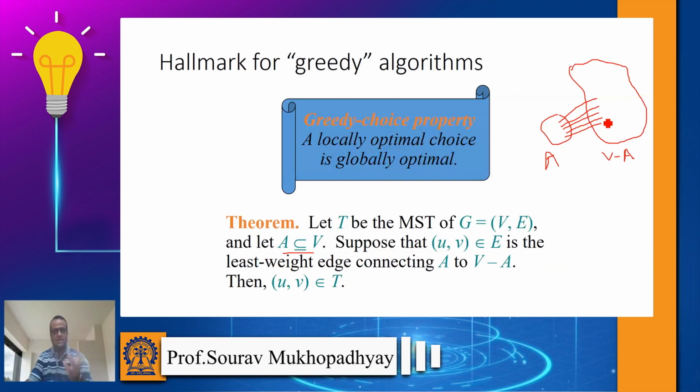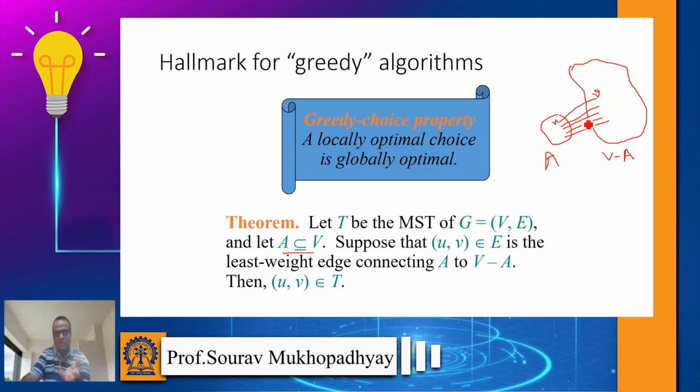Each edge has some weight. Among these edges, the edge which has the minimum weight will be in the minimum spanning tree. That has to be in the MST. That is the theorem, and that is the greedy choice.